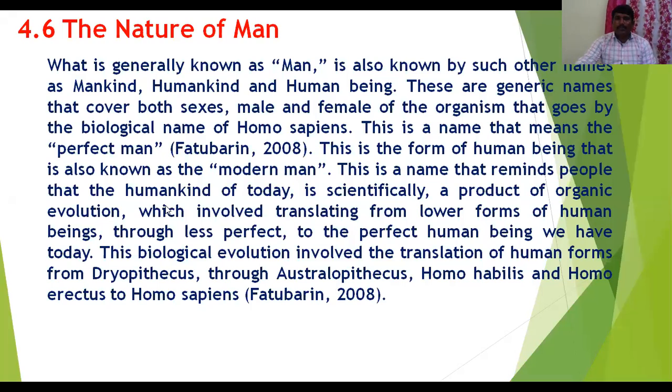Man, who, according to Pastor Aduboy, is a special being comprising a threefold component of physical, social, and spiritual being, acquired his special endowments during his evolution that involved thousands of years.